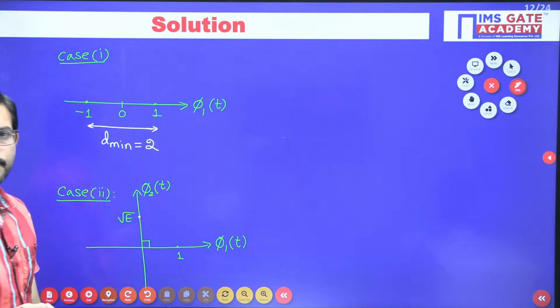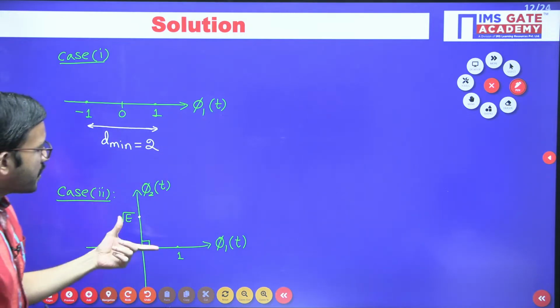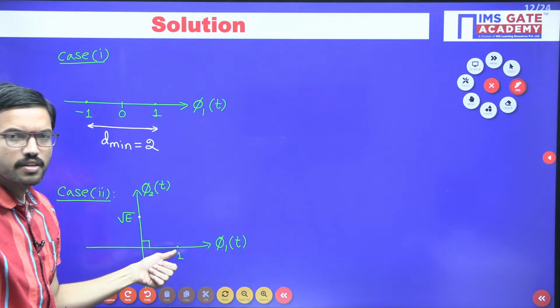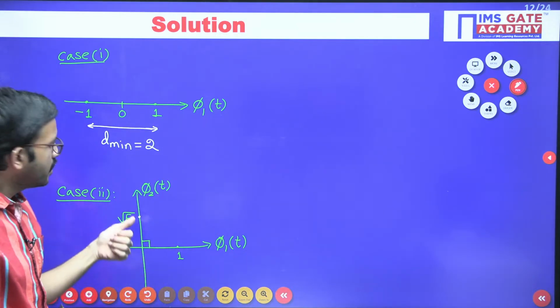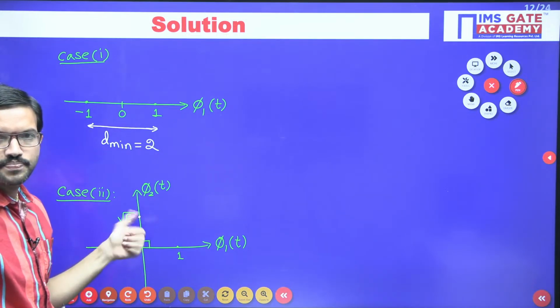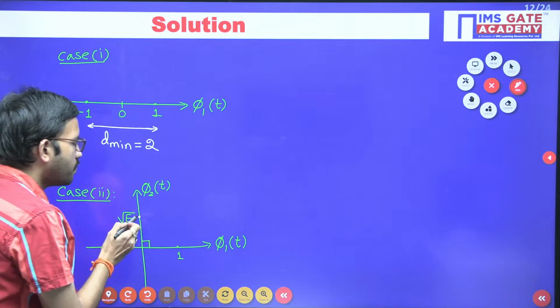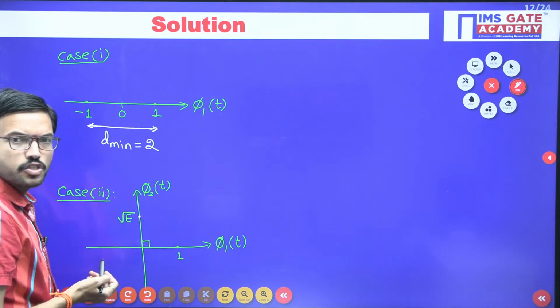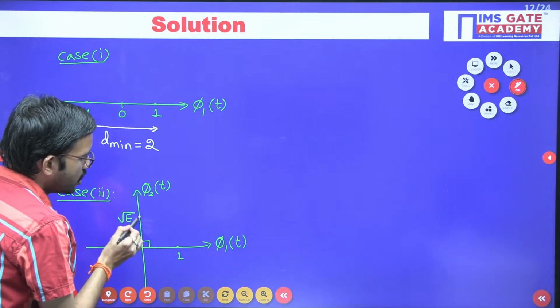Now in this particular diagram, you are having the first symbol at the same place. But what about the second symbol? Earlier you had it here, but now they have placed it here. So when the symbol is placed here, the minimum distance between these two symbols is obtained when you draw the line like this.